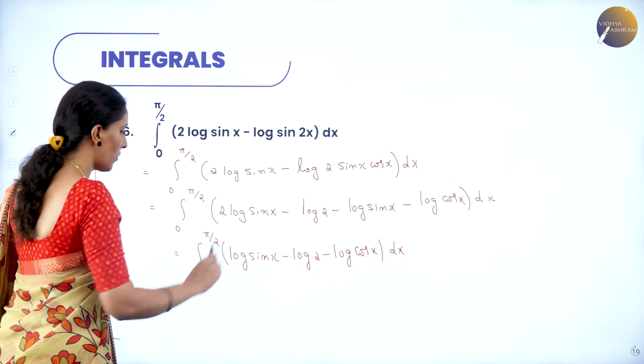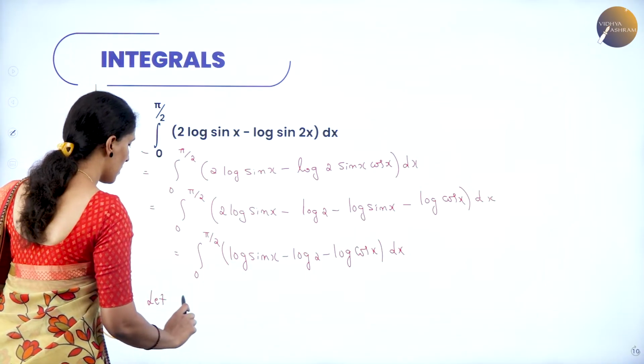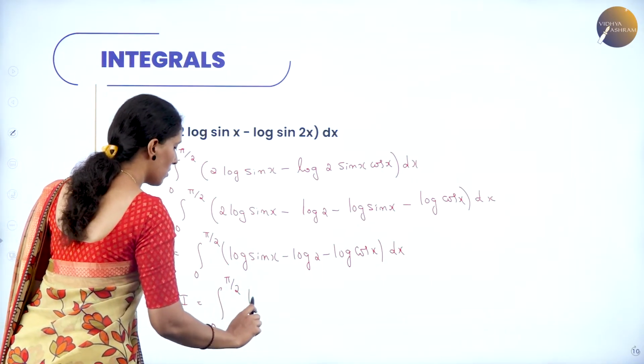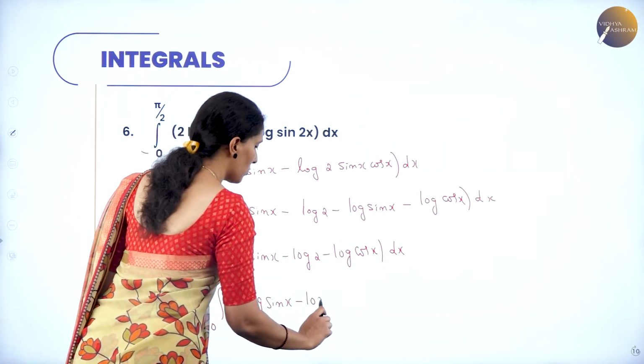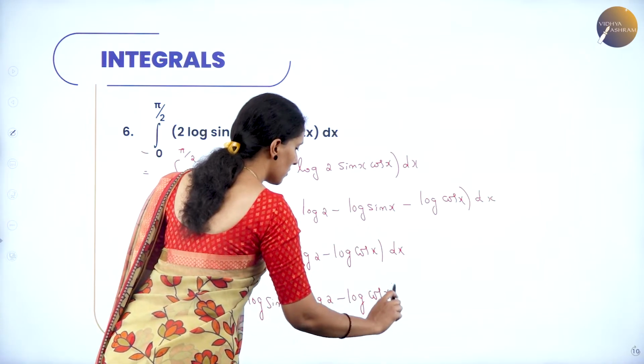Okay, so this is what we got. So now we have evaluated. Let I is equal to the integral from 0 to pi by 2 of log sin x minus log 2 minus log cos x dx.